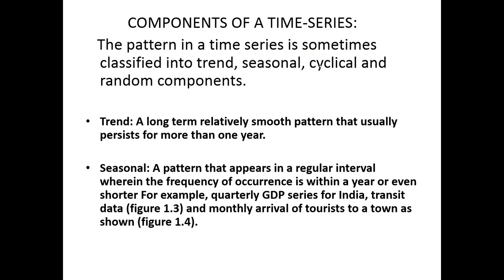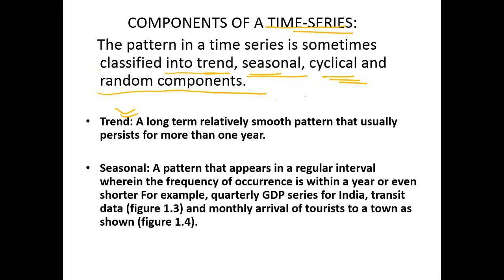So there are different components to time series data. It can be broadly classified into trend, seasonal, cyclical, and the random components. So what is a trend? These words simply carry the English meaning.